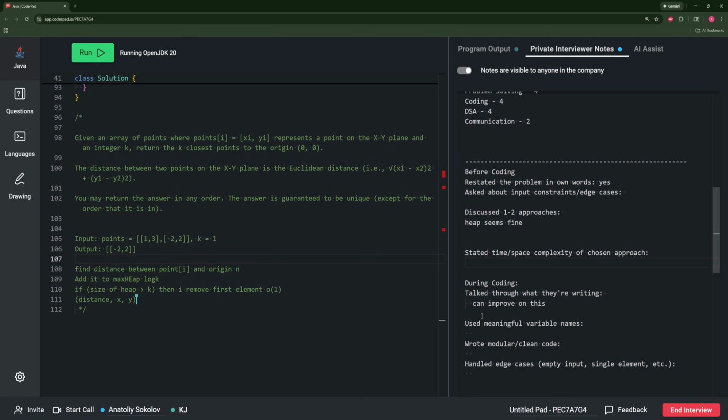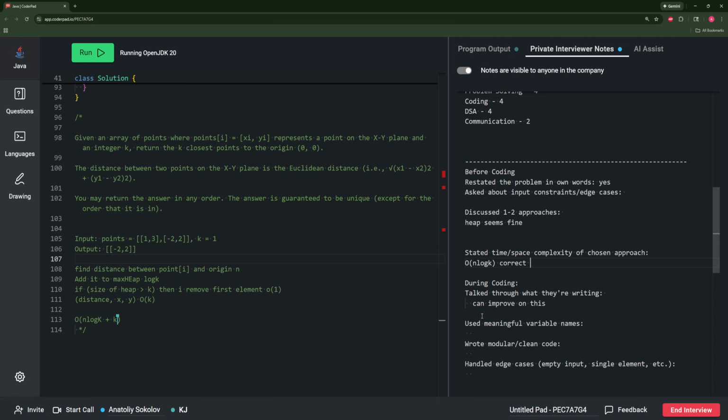And then again, to reconstruct the result, it would be O of k. So it would be n log k plus k, I guess.